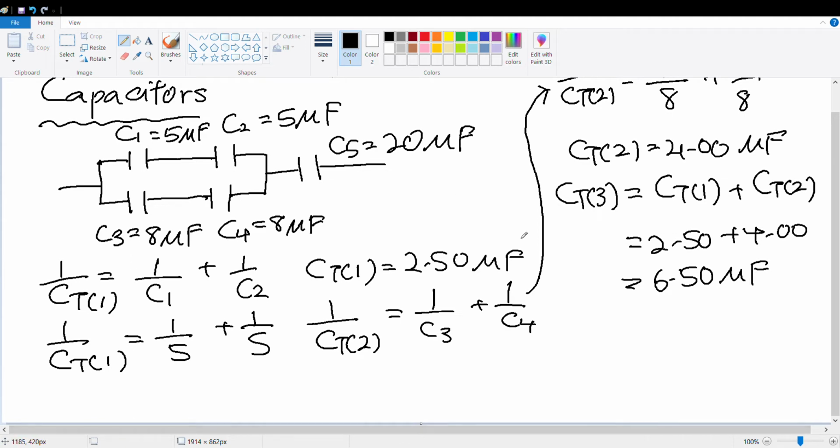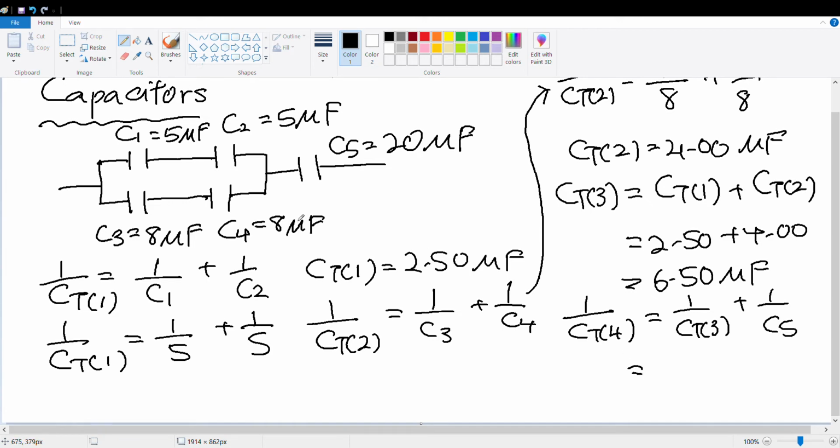So after counting CT3, the capacitance for the whole parallel circuit, we are about to combine this CT3 with C5. Since CT3 and C5 are arranged in series to each other, finally my CT4 is equal to 1 over CT3 plus 1 over C5.